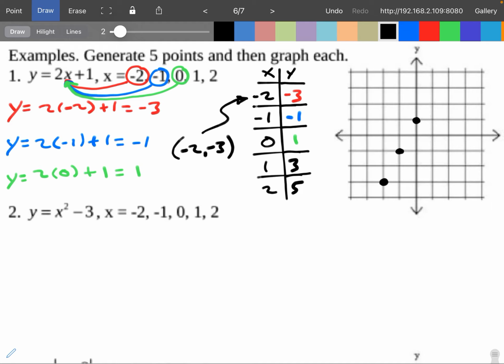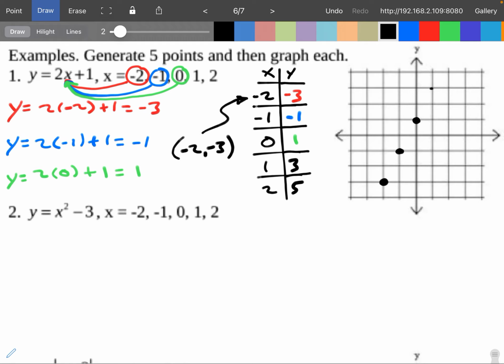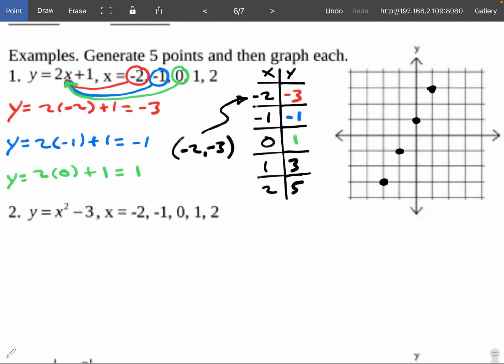And then the fourth one is 1, comma 3. So that would be 1 right, 3 up. That would put me 1 right, 3 up right there. And then the last point, 2 right, 5 up.